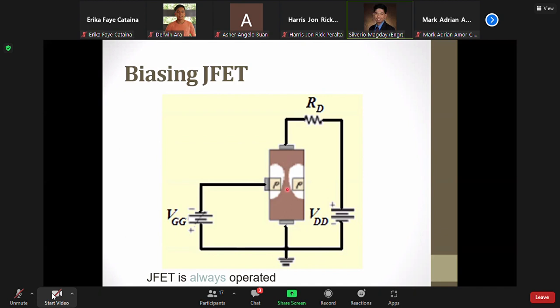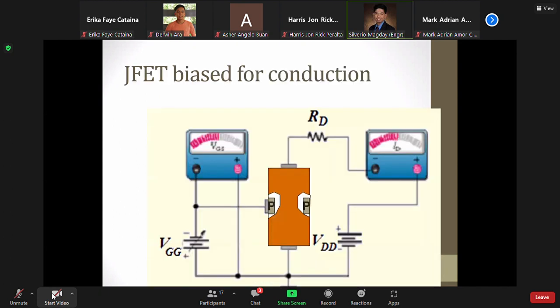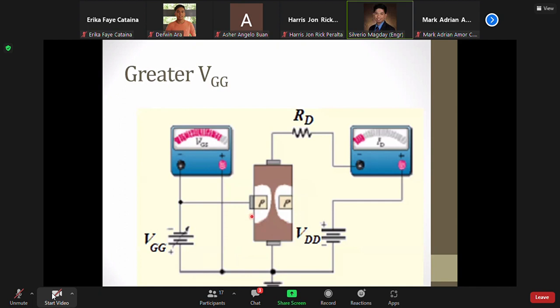So parang ninanarrow or widen lang din yung depletion region. So ito yung nangyayari at greater VGG, nagnanarrow yung channel, which increases daw yung resistance of the channel, pero it decreases daw your current from the drain.